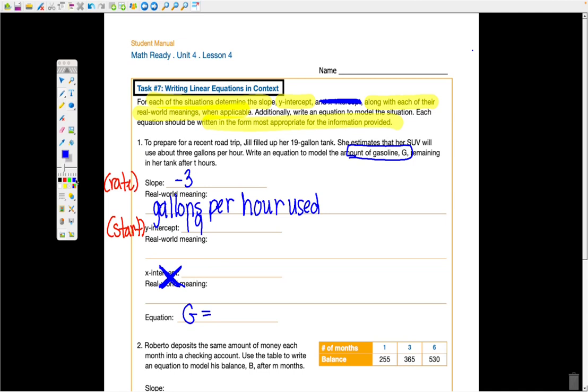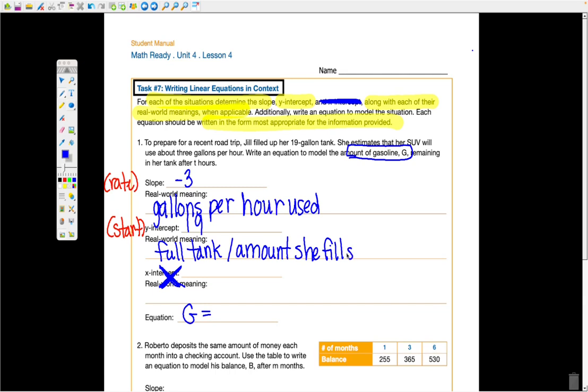Either one of those will work for me because she's filling up, so that means it's a full tank. I got 19 on here, and so the real world meaning is the full tank, or you can say amount she filled it up or something like that. Amount she fills, or even the amount that it holds, something along those lines.